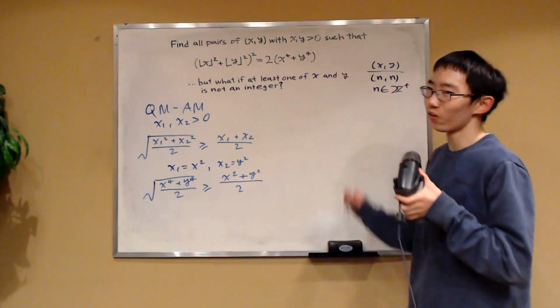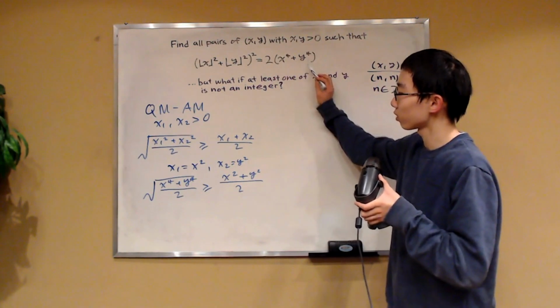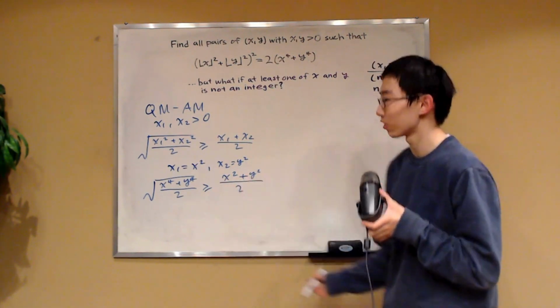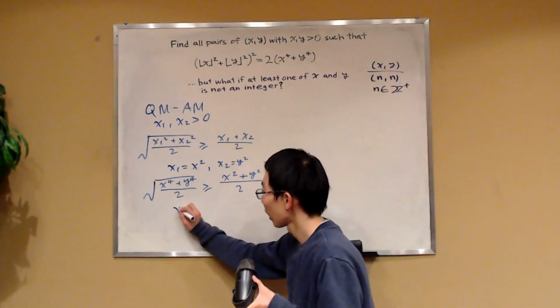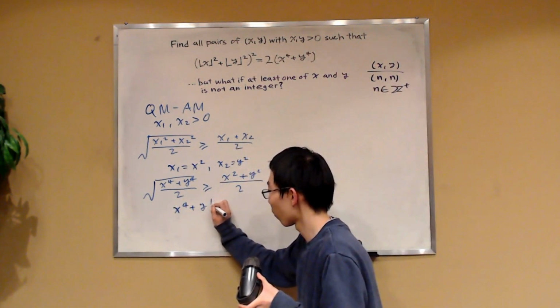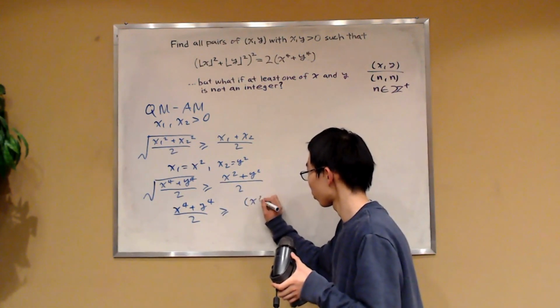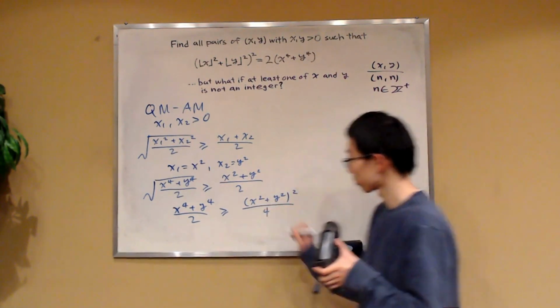In particular, we want to isolate so that we can have 2 times (x to the 4 plus y to the 4) on one side. Well, a good first step over here is to square both sides, right? Get rid of the square root. So if you square both sides, you would get (x to the 4 plus y to the 4) over 2 is greater or equal to (x squared plus y squared) all squared over 4.